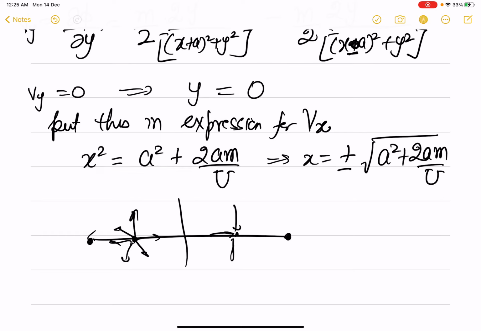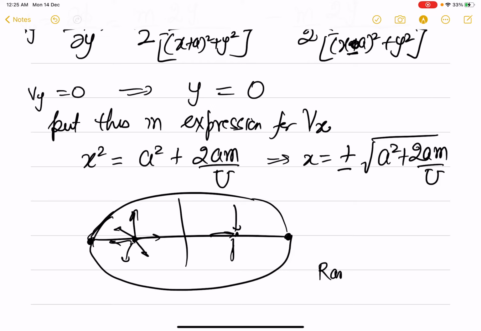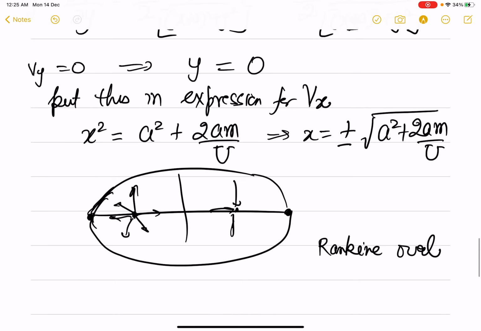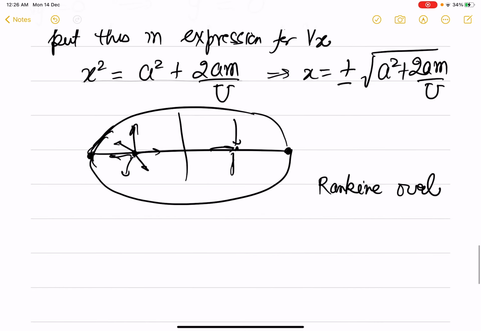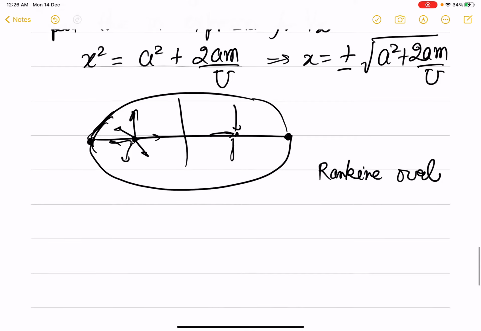And if you plot this, the streamline looks like a closed body, and this is called a Rankine oval. This is a full body which is closed, and you can work out, as we have seen from the expressions, the drag and the lift force on this will turn out to be 0. We are not doing this, but you can show these things.